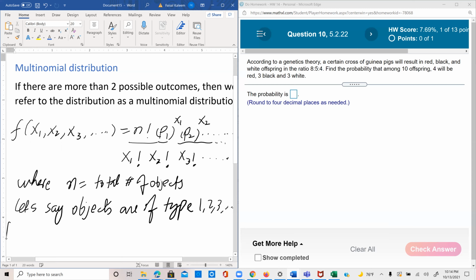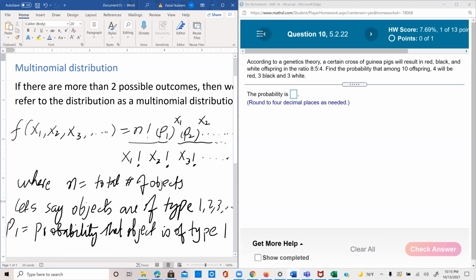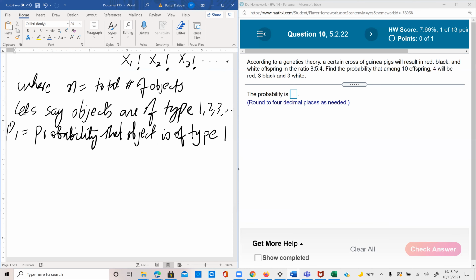P1 is the probability that an object is of type 1. P2 is the probability that an object is of type 2, and so on.